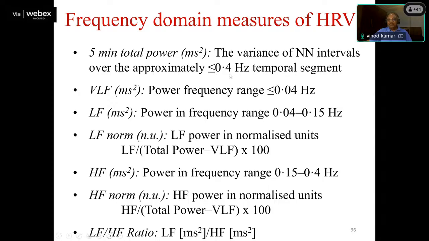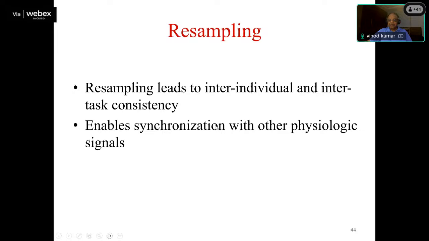So sampling frequency should be roughly more than double of 0.4 hertz, so more than 1 hertz. HRV sampling frequency is in the range of 1 hertz. ECG sampling frequency is in the range of 500 hertz. These are two important points.